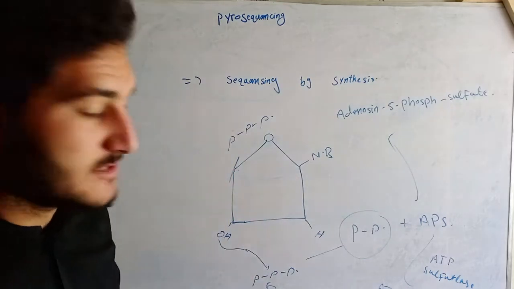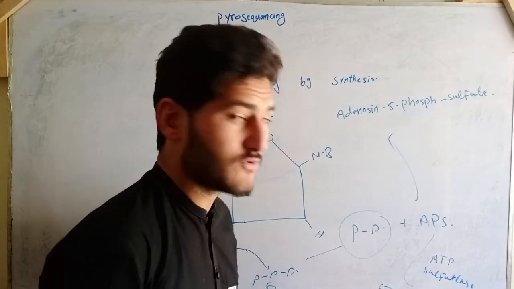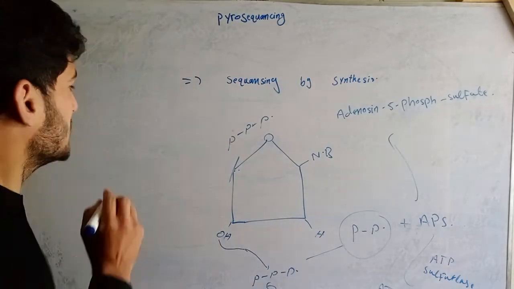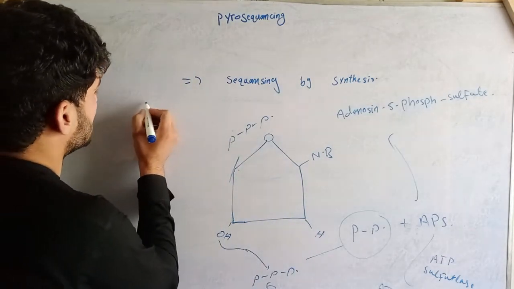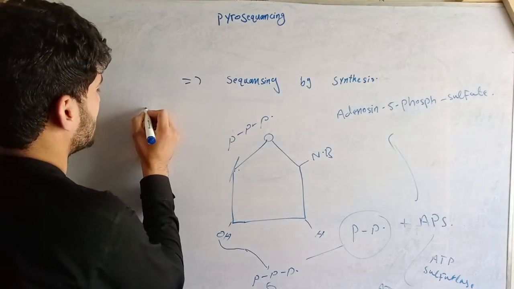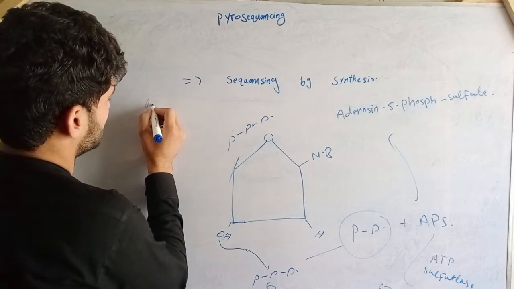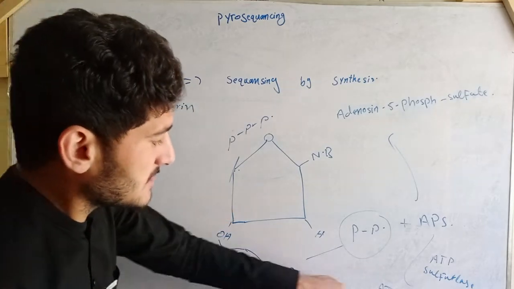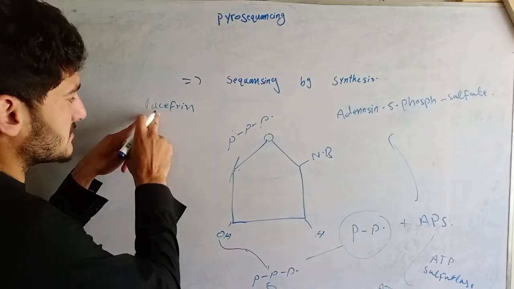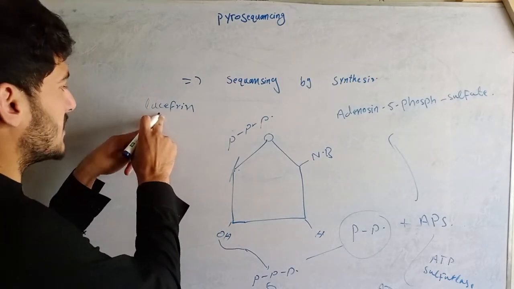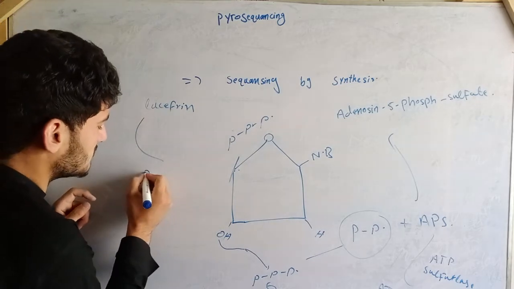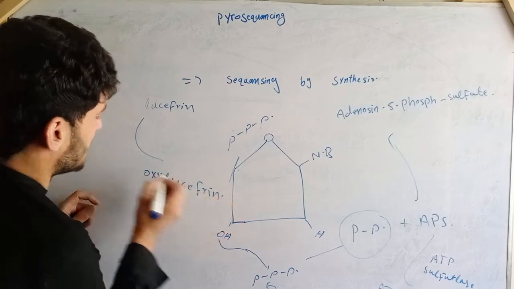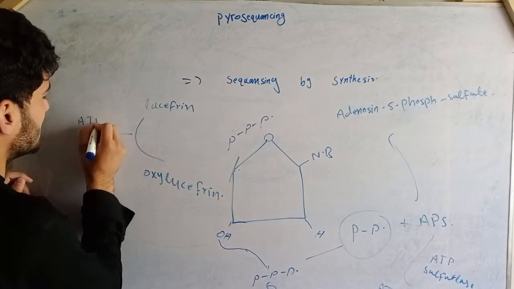During the sequencing, this ATP is required to convert another type of substrate molecule, which is called luciferin. In the presence of this ATP molecule, this substrate molecule is converted into oxyluciferin.